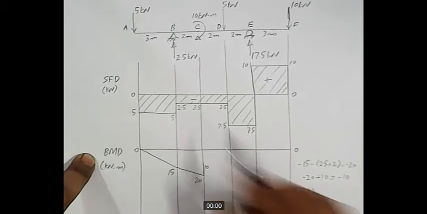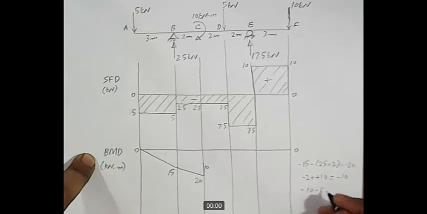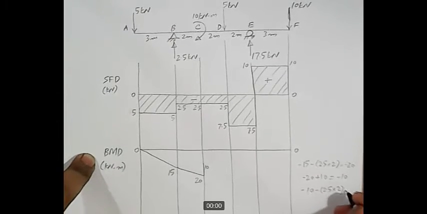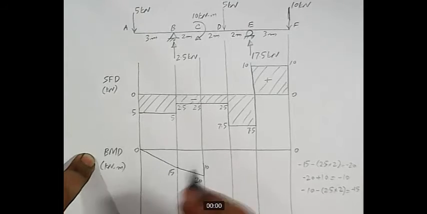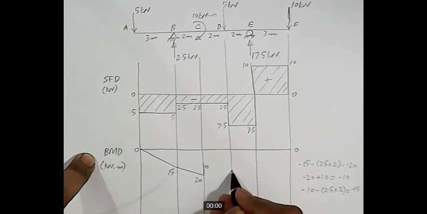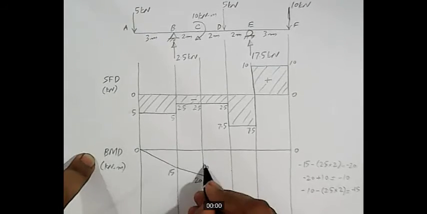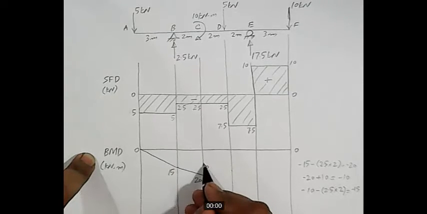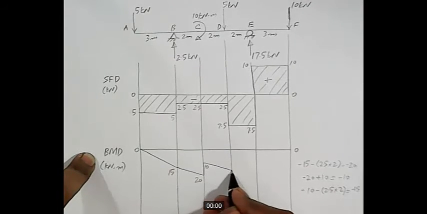This area is also negative, and this is minus 2.5 into 2, which makes minus 15. Okay, so we are at minus 15. And again, SFD is 0 degree, so BMD will be first degree. This is minus 15.